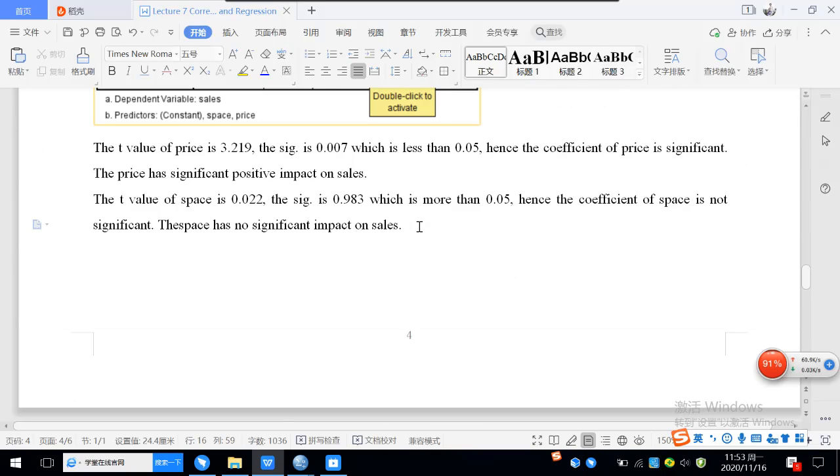Okay, so the predictor Y, or you can say sales, equals 2.029 plus 10.5 multiply price plus 0.057 multiply space. Okay, here is the regression.